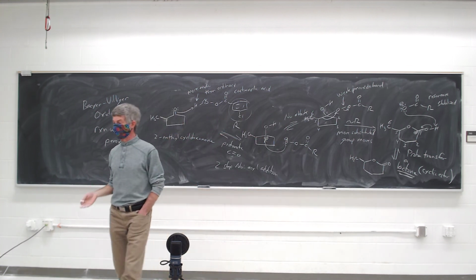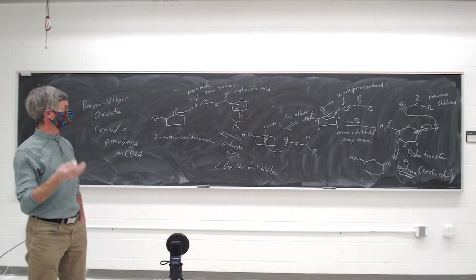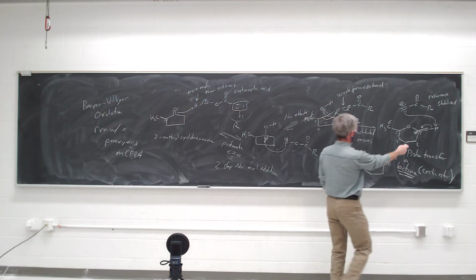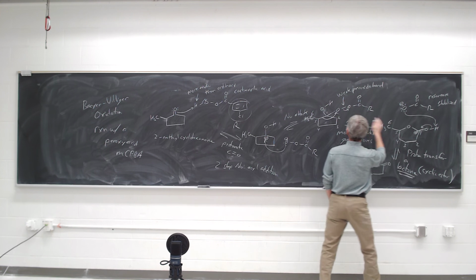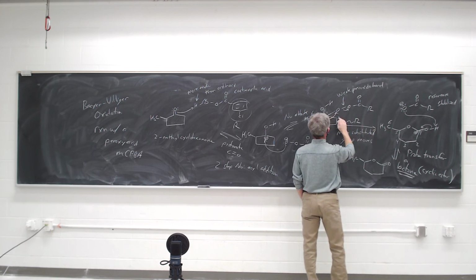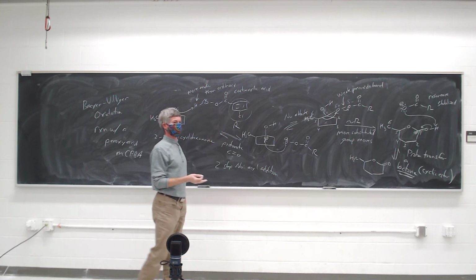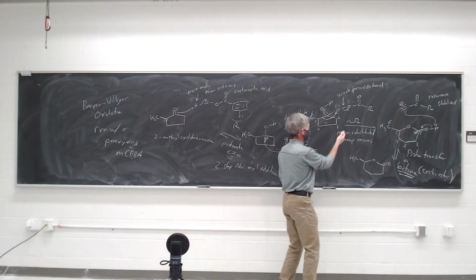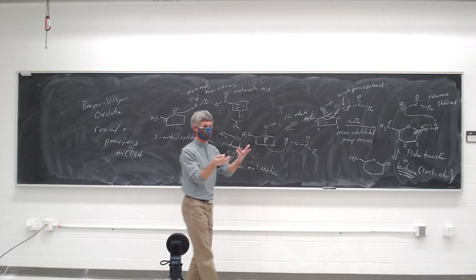So a tertiary would move first, then a secondary, and a primary is unlikely to move. The reason for that is you've got positive character, right? Both of these are partially positive, and this one is partially negative. Because you've got positive charge in the transition state, the carbon that's more able to stabilize the partial positive charge is the one that's going to migrate.